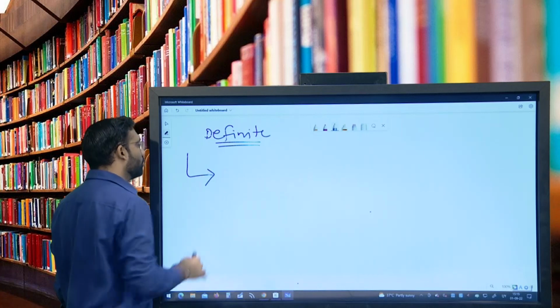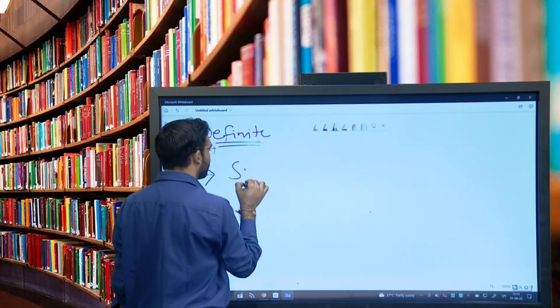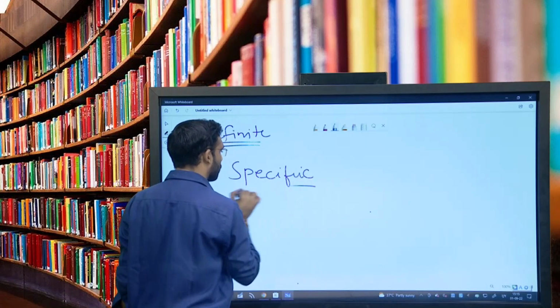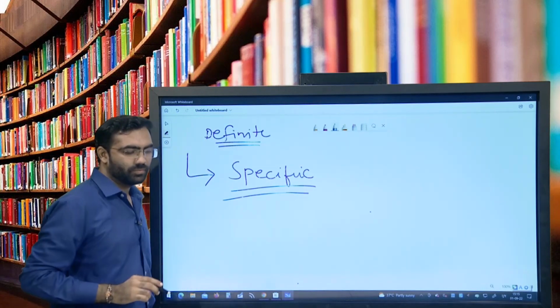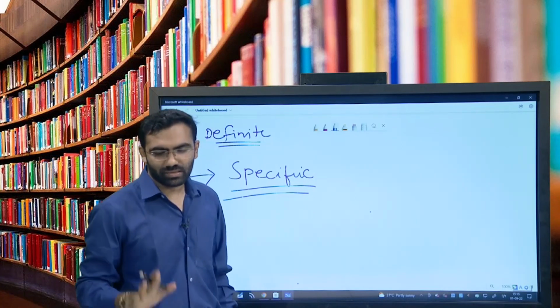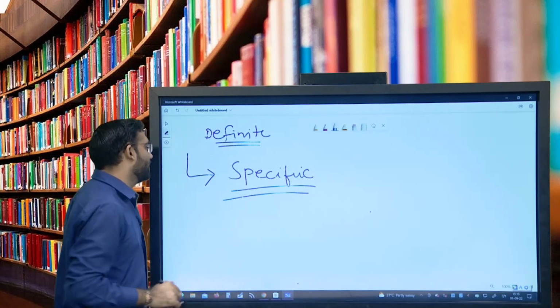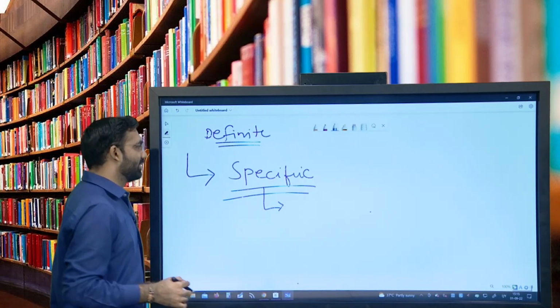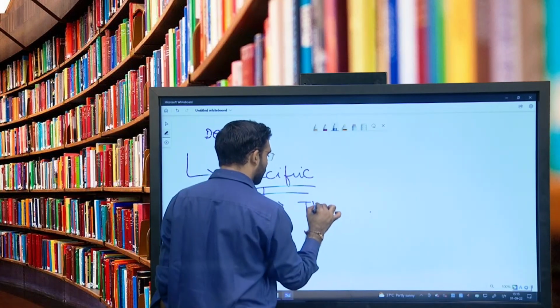These are used before specific. Once it becomes specific, you will use the definite article. It is the.